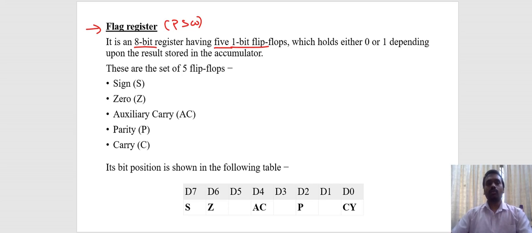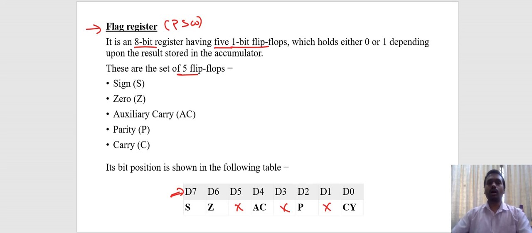Out of these 8 bits, only 5 bits are used. This is the format. You can see there are D0 to D7, total 8 bits in the register. Only D0, D2, D4, D6 and D7 are used, whereas D5, D3 and D1, these 3 bits, are not used.